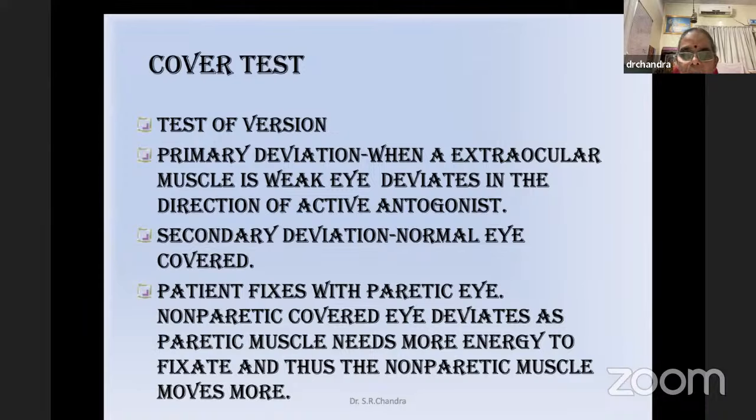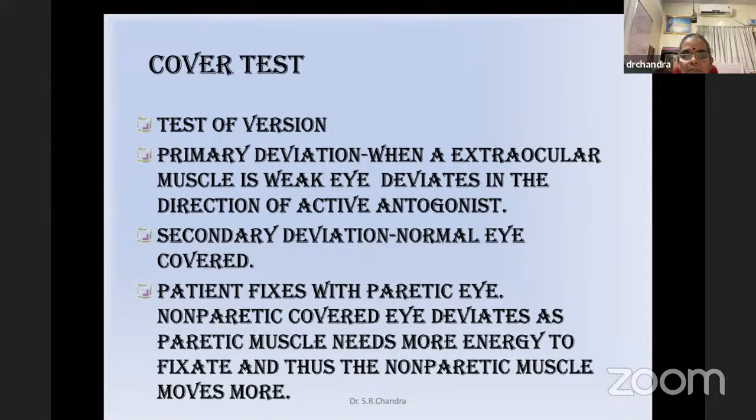So when you fix with the paralytic eye, more energy is given to the paralyzed eye, but the same amount of energy is given to the non-paralyzed normal eye. So with a good amount of energy, the paralyzed eye will move little, whereas the normal eye will move much more. And this deviation is the secondary deviation.